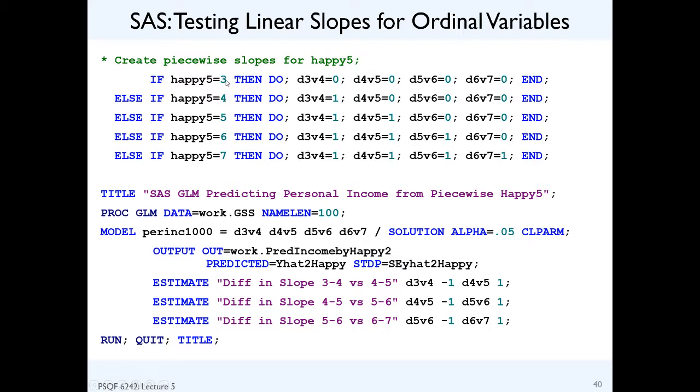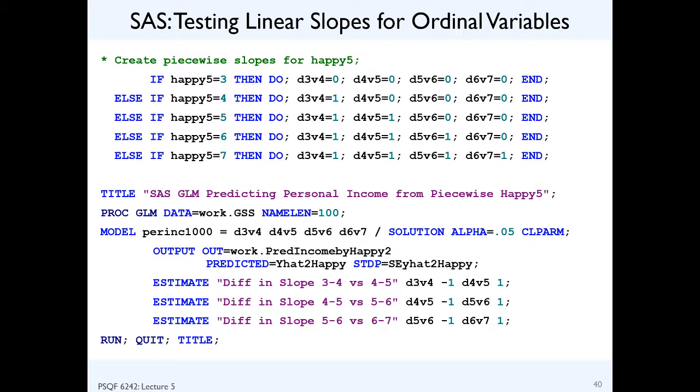If I go from happy equals 3 to happy equals 4, the first variable picks up that shift. If I go from 4 to 5, the second variable picks up that shift, but it's cumulative. So each new variable picks up the next one.